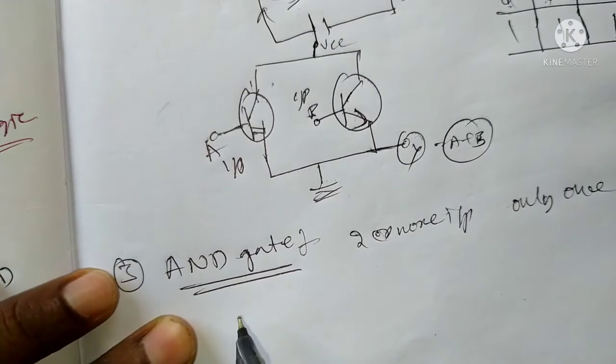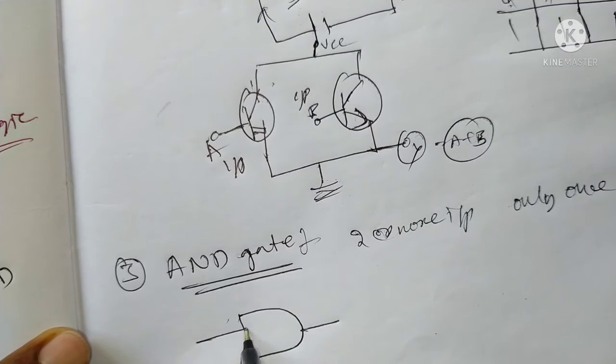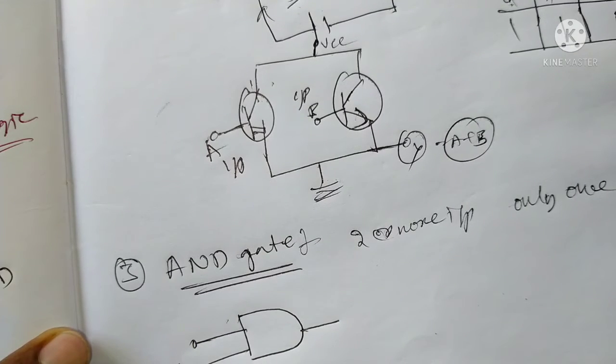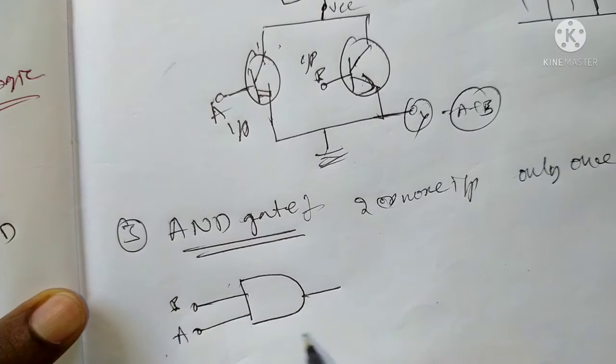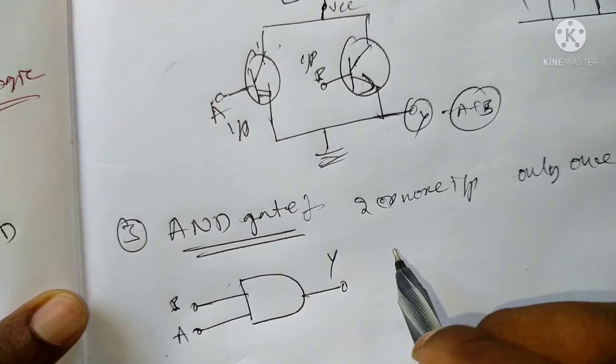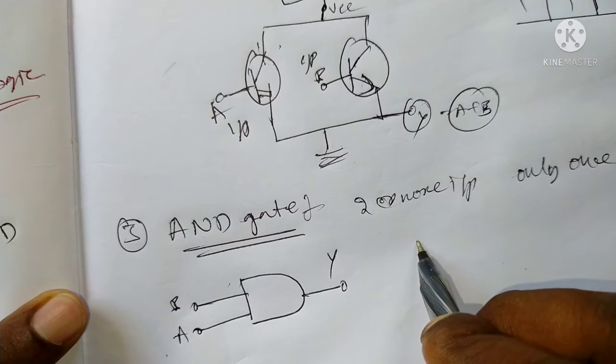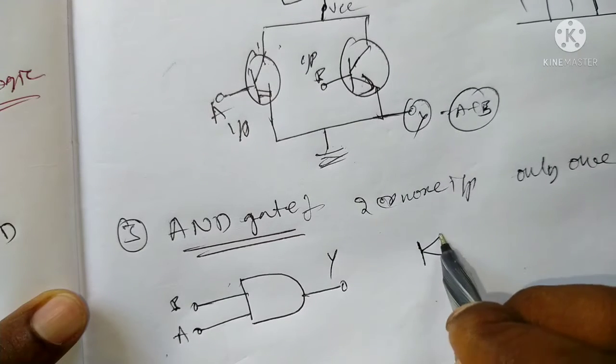The symbol of the gate is like this. It has two input terminals, A and B, and the output Y. In digital form, with a PNP transistor, these two diodes are there.